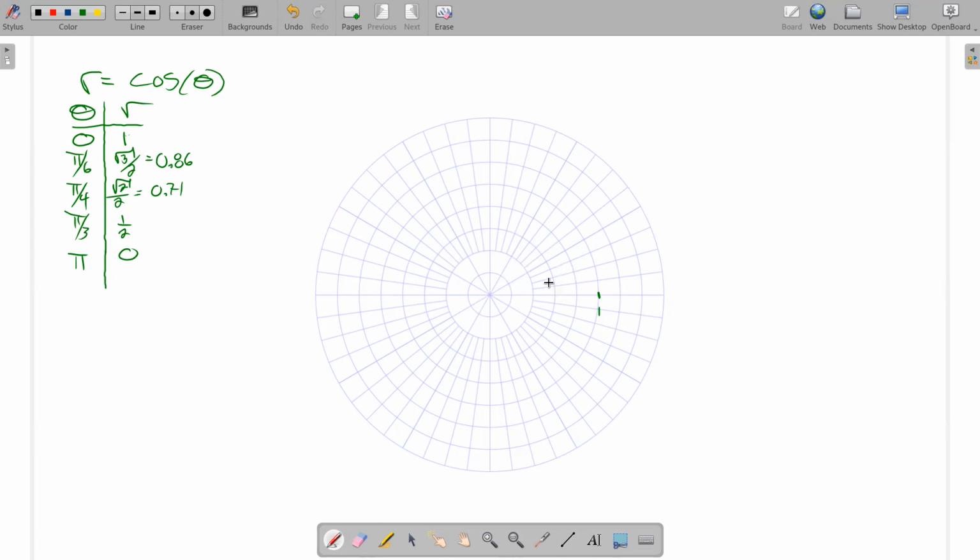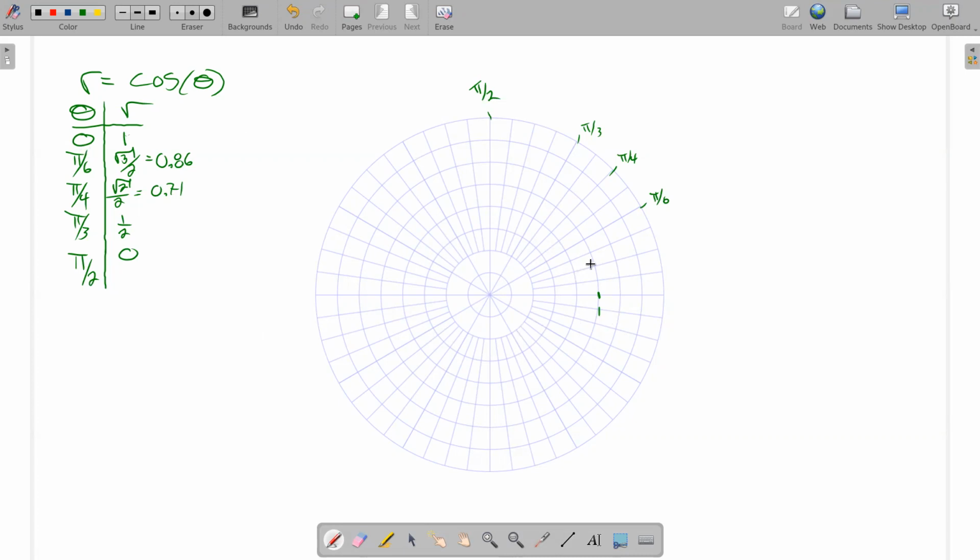And then otherwise going around, right here is my pi over 6. Right through the middle there is my pi over 4. Here's my pi over 3. Here's my pi over 2.